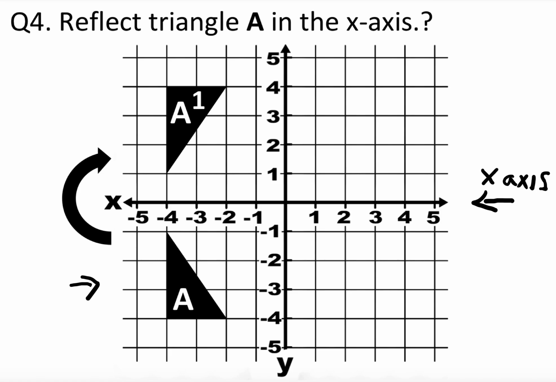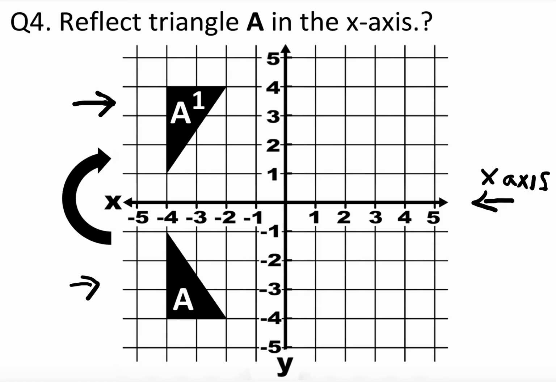If you look at A1, which is the reflection image, above here, you can see it's just the image the other way around when it's reflected through the x-axis. The small point is nearest the axis at A, and again with A1 it's nearest, and the base is furthest away from the x-axis.